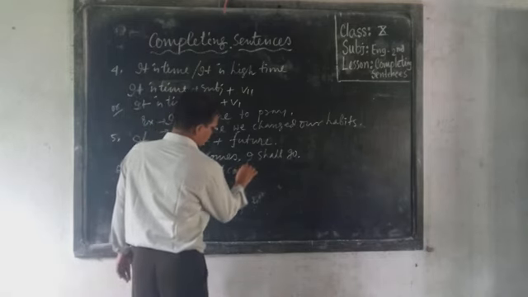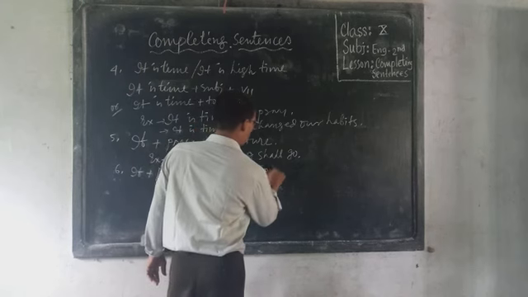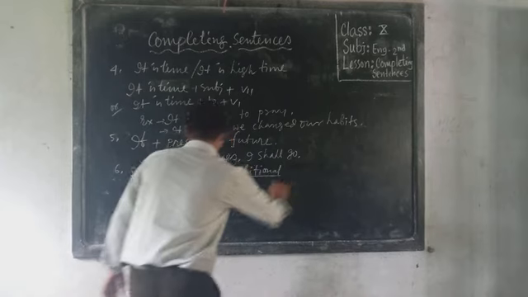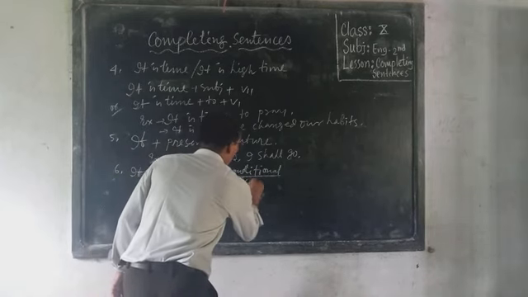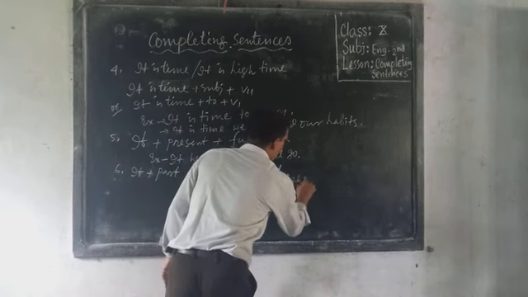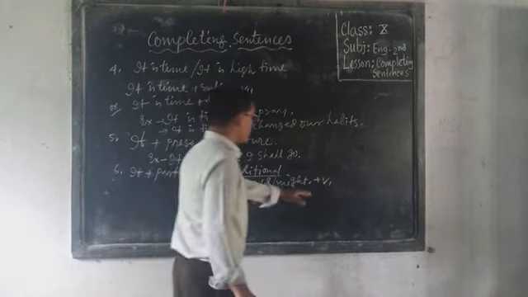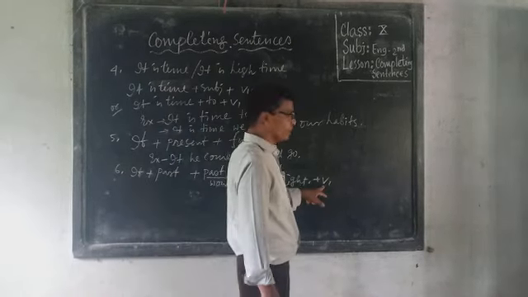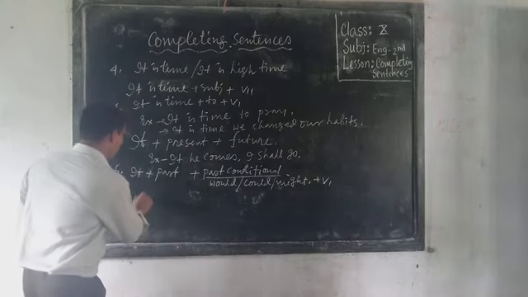Here past conditional means would or might plus V1. Yes, they are modal auxiliaries, that's why we will take here V1, that is base form of verb. So let's see the example of it.